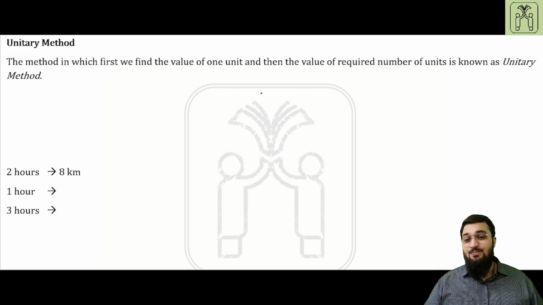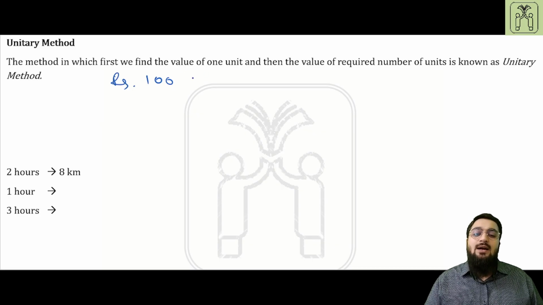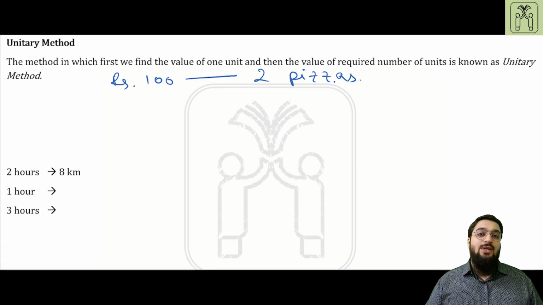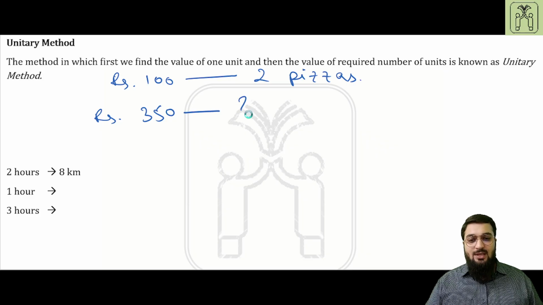So if I say that I have 100 rupees, and I can buy with this two pizzas, for 100 rupees, I can buy two pizzas. Tell me how many pizzas can I buy if I have 350 rupees? That is the question. So how will we solve that?